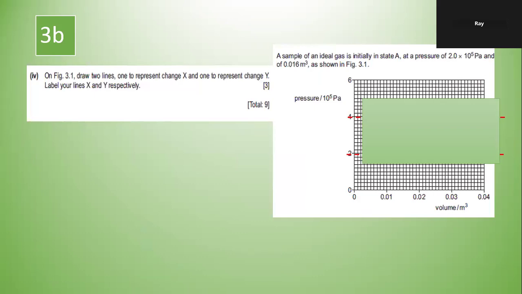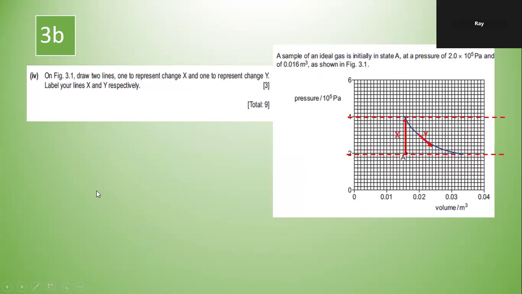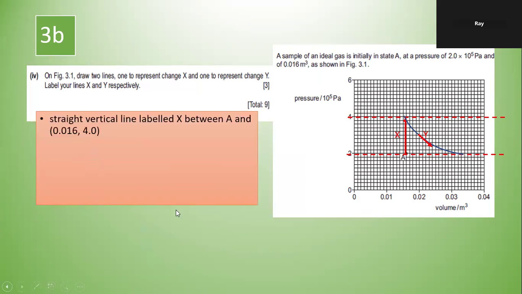They ask you to go through the whole process so that you can sketch the graph. Label your lines X and Y respectively. That's how the graph looks. What are they looking for? A straight line starting from 2 to 4, at 0.016.